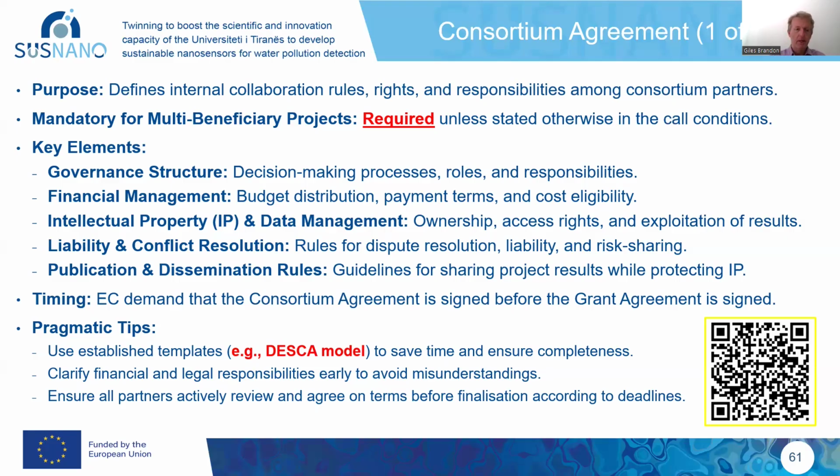The preparation of consortium agreements and getting them all signed off can also take months and months and months, and sometimes it does require the project coordinator or somebody responsible for the project to be active in facilitating these discussions and active in nudging various partners to finish their reviews, to send their comments and so forth.